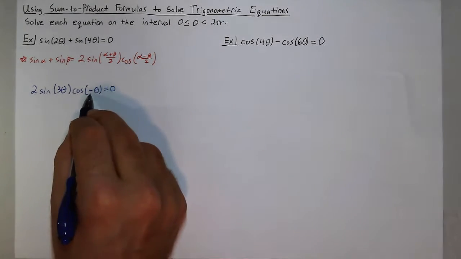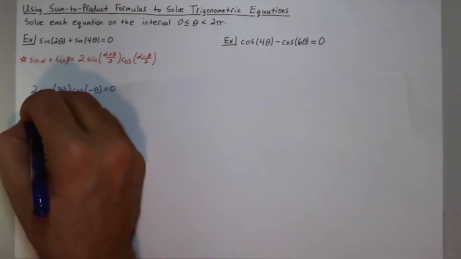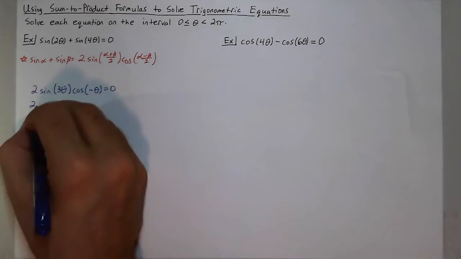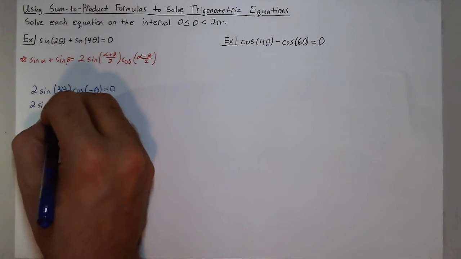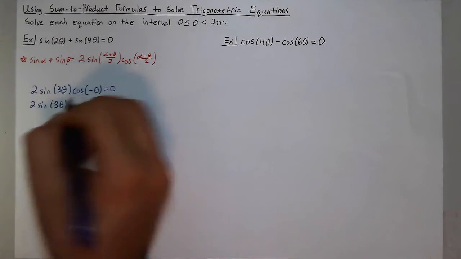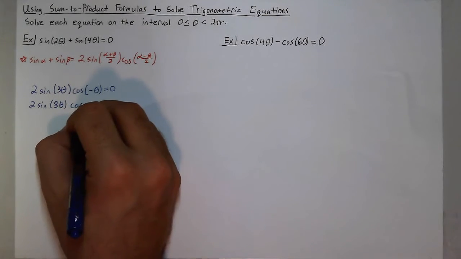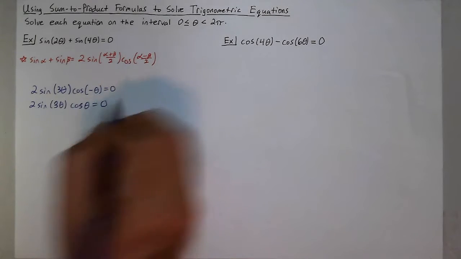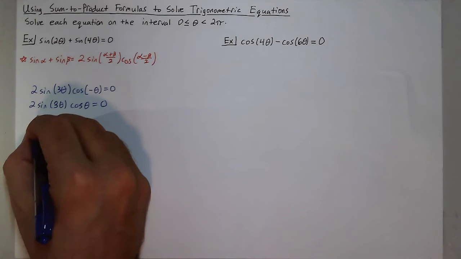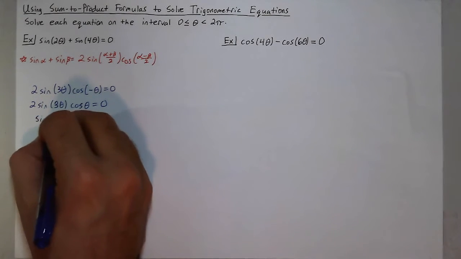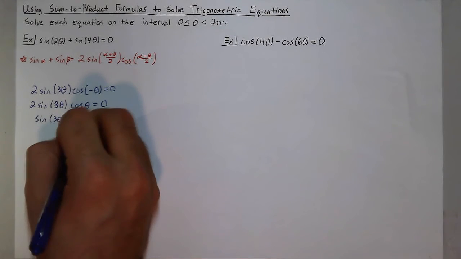Now, I know that cosine's an even function, so I can just eliminate that negative on the inside. That gives me 2 sine of 3 theta times cosine of just theta. I can divide by 2 just to get sine of 3 theta times cosine of theta is equal to 0.